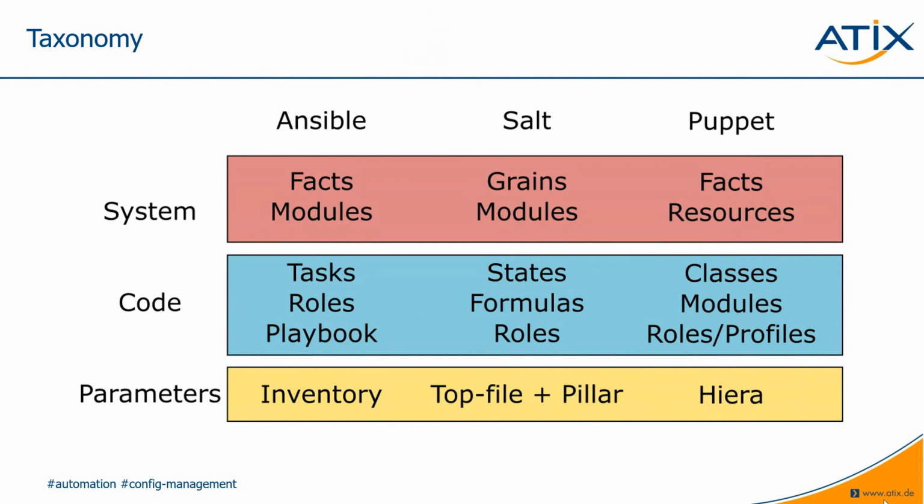Like if you have a network configuration, then you have a fact for your IP address, and maybe you need your IP address for some configuration of your application. On the other side, there will be a fact for your operating system. So you can have a module which configures several different Linux distributions.